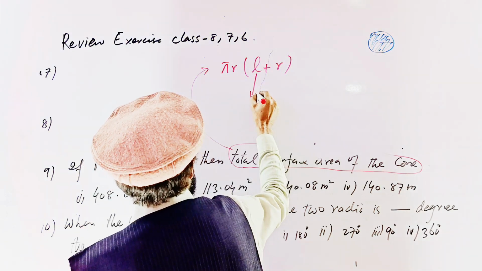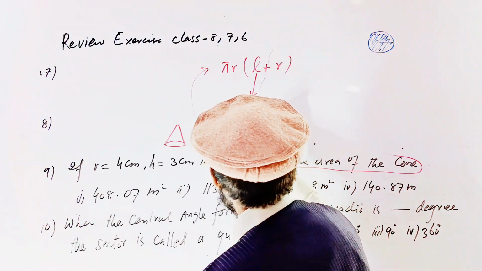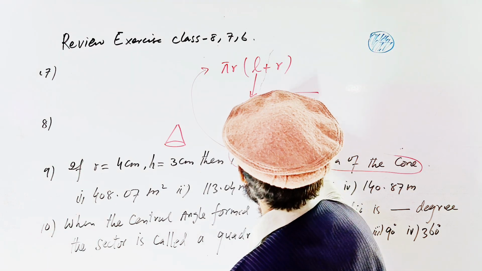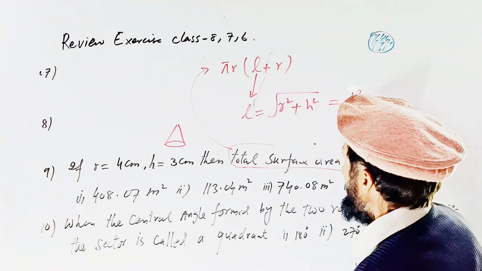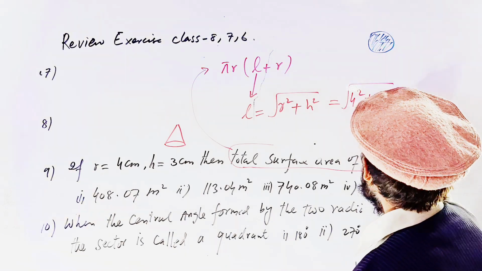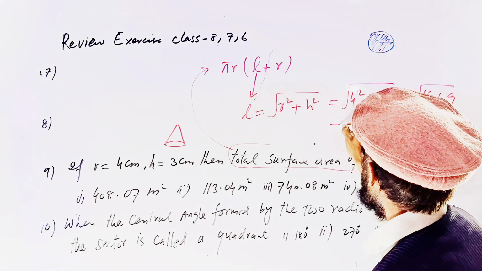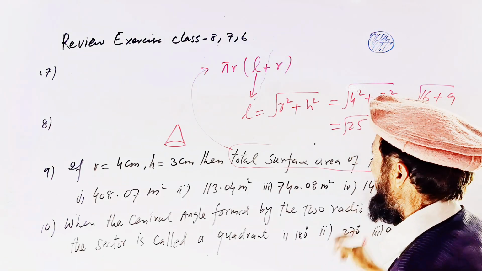But here l is not given in the question, so we first calculate l is equal to square root of r square plus h square. So r is given 4 square plus the height is also given, 3 centimeter. So we get square root of 16 plus 9. So we get square root of 25, which is equal to 5 centimeter.